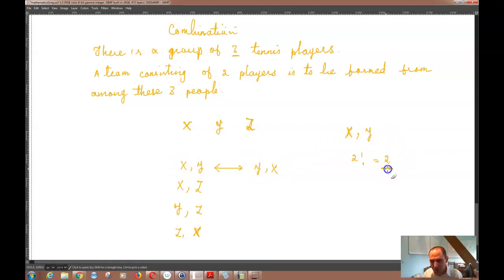But these two different permutations are basically the same 2 members playing against one another. It doesn't really matter whether you write x with y or y with x. At the end of the day, the same 2 people are playing against one another.